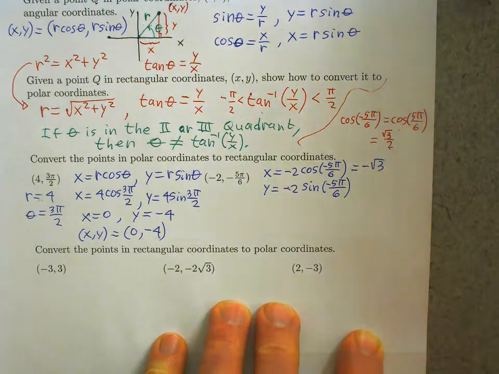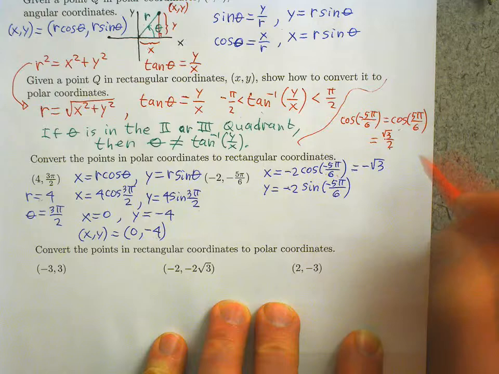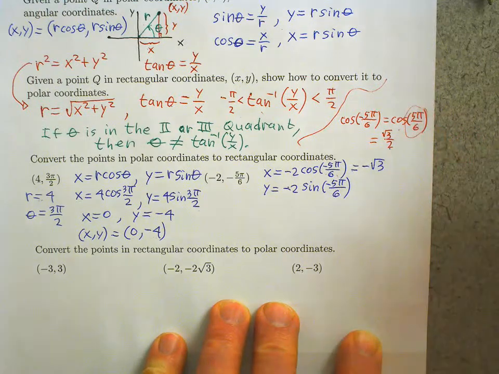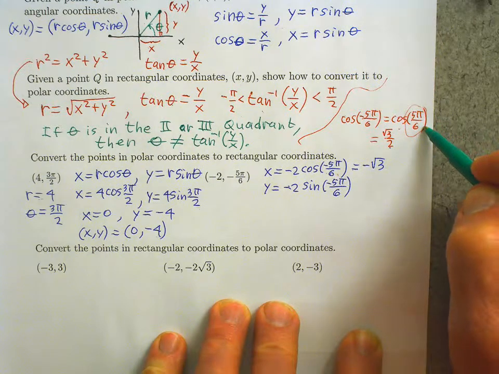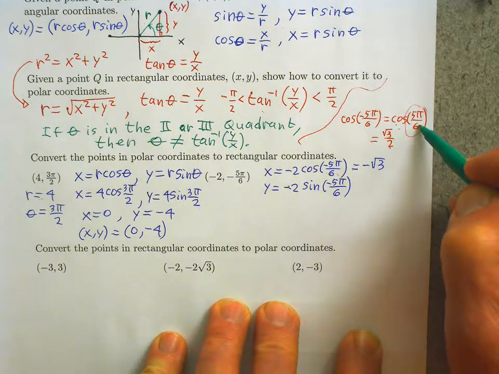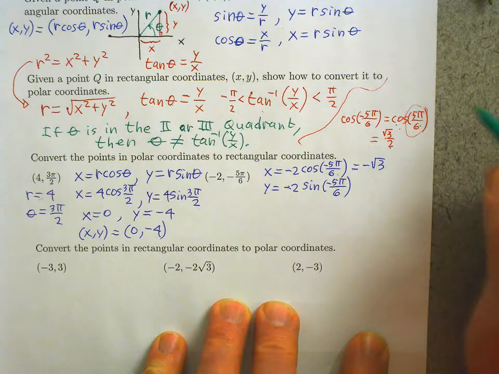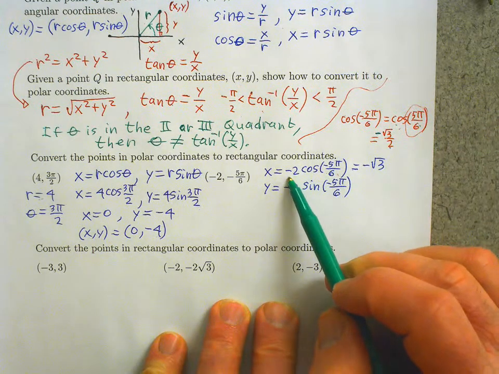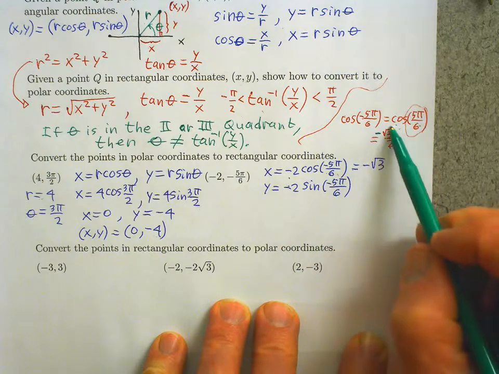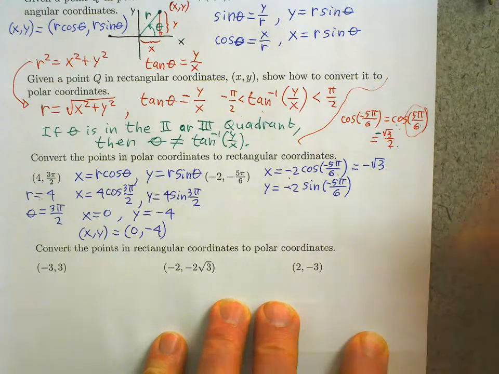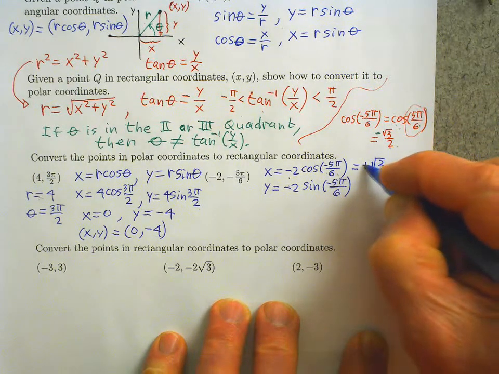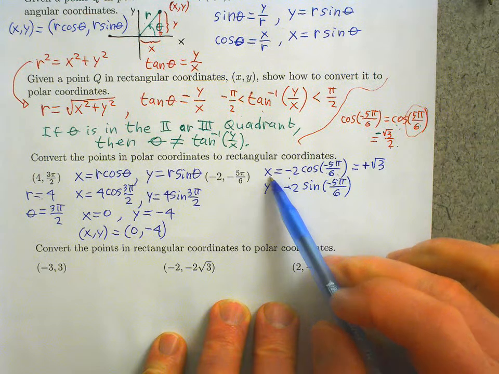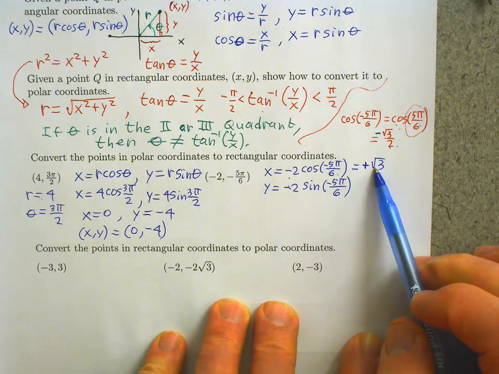I made a mistake up here. 5 pi over 6 is in the second quadrant, and cosine is negative in the second quadrant. So this should be negative, and -2 times negative square root of 3 over 2 is positive square root of 3. Okay, so the x-coordinate is positive square root of 3.